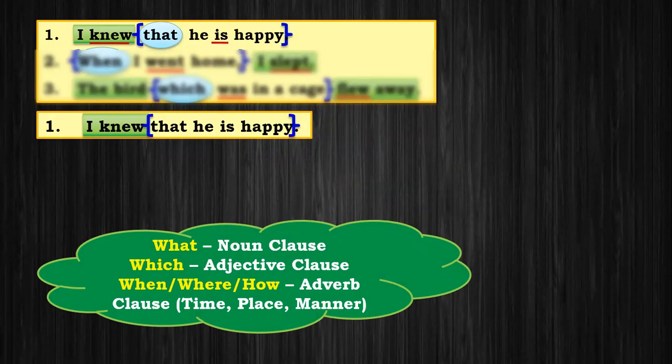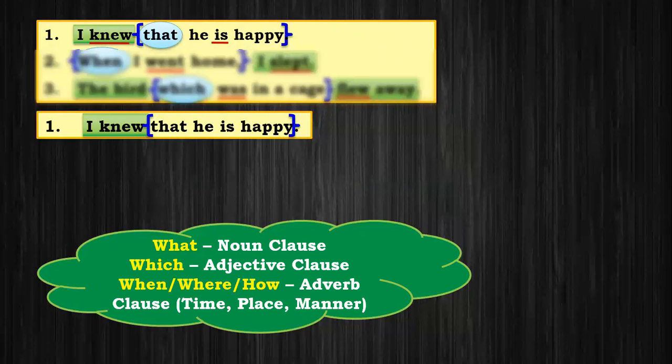Let's try the first. I knew what. What did I know? When we ask the question, what, do we get an answer? Yes, we get an answer. And what is it? Absolutely, that he is happy.